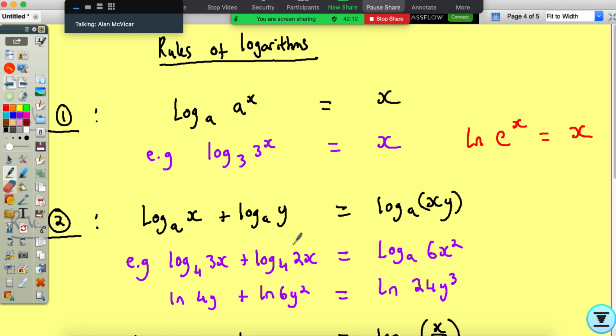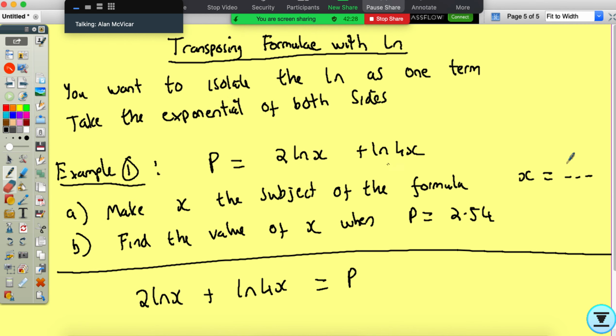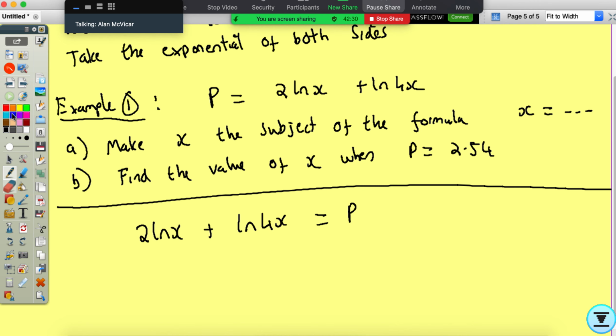But I can only do that if it's just log and log, or ln and ln. If there is a number in front of either of them, you cannot do it. In my example here, I've got a 2 in front of my log, so I can't combine those two logs together yet.